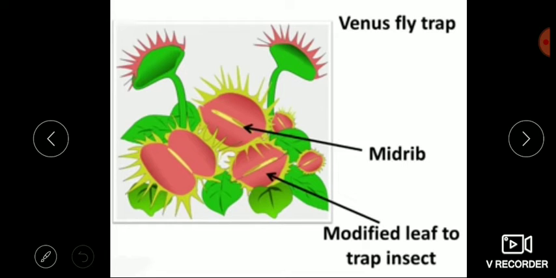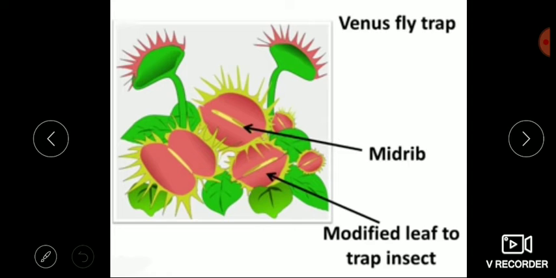Venus flytrap. We can see here the midrib modified into a leaf to trap insects. Plants like the pitcher plant and the sundew plant possess highly modified leaves that trap insects. This provides the plant with nutrients that the plant would not obtain otherwise.